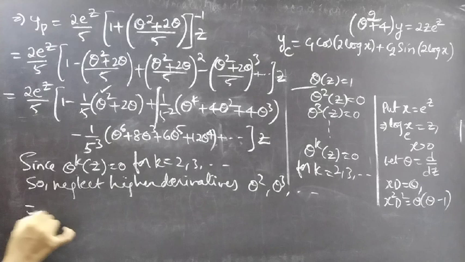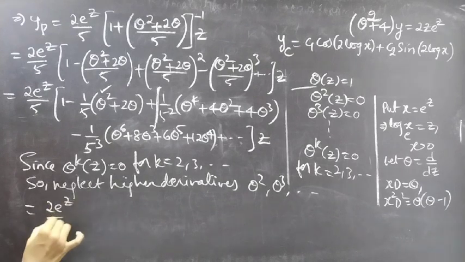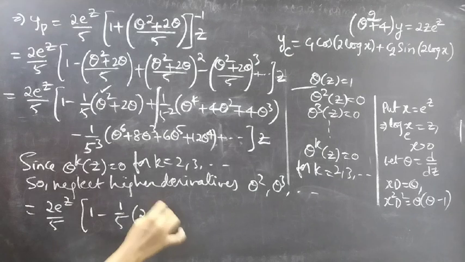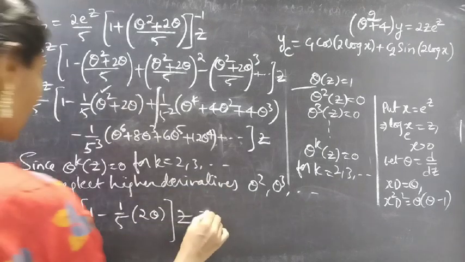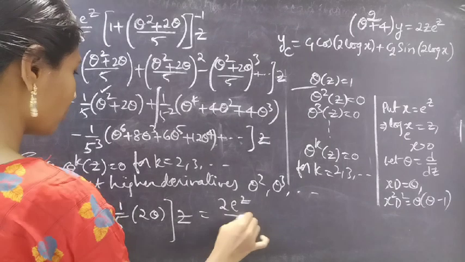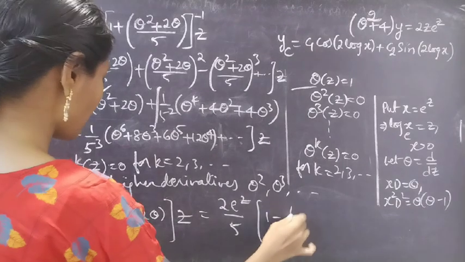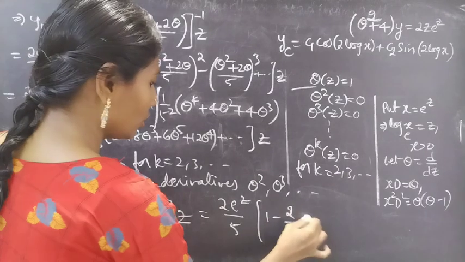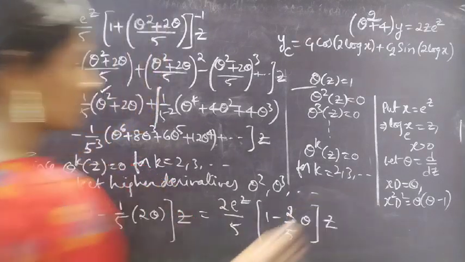Then this becomes 2 e power z by 5 into (1 minus 1 by 5 into 2 theta) into z, right? This equals 2 e power z by 5 into (1 minus 1 by 5 into 2 theta, which is 2 by 5 into theta) of z.